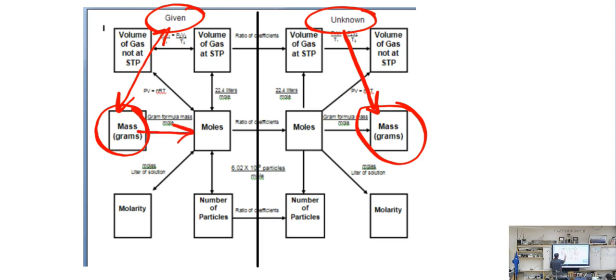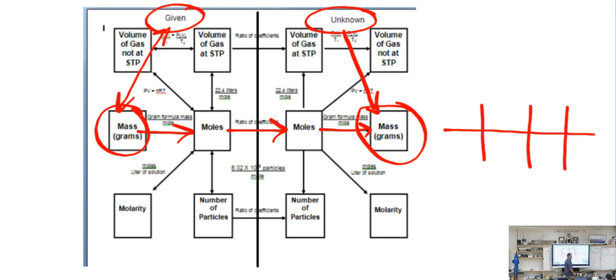We went from grams to moles, then we used the ratio of coefficients to go to moles, and then we used the picket fence to go back to grams. There are 3 arrows in between grams and grams. Can you see those? Those arrows are what will tell you how many vertical lines you need in your picket fence every time. They'll actually tell you what they are too, if you need them.